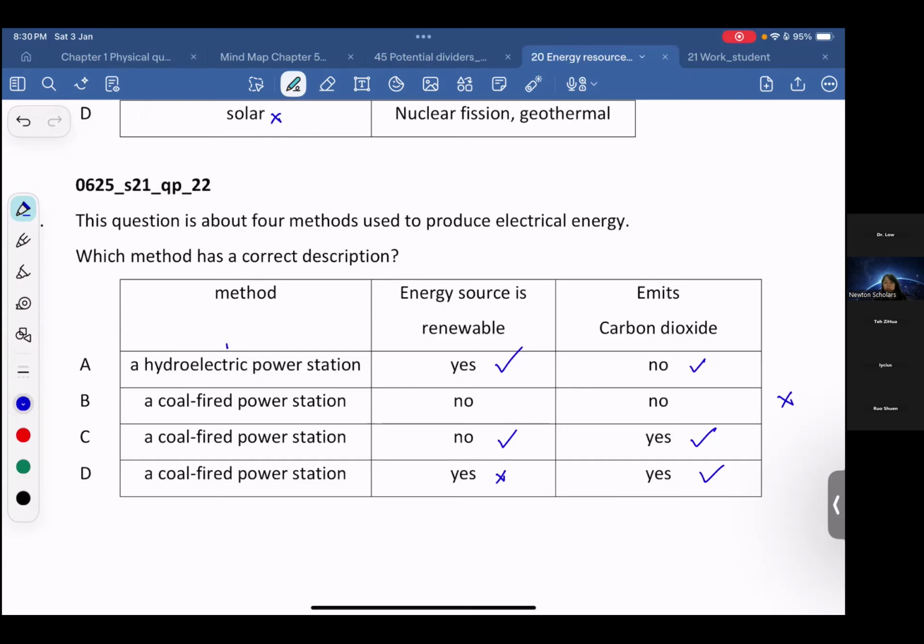Hydroelectric is renewable, dear. Zihua, wait, I will check the past year question right now. Is it my typing error or what?